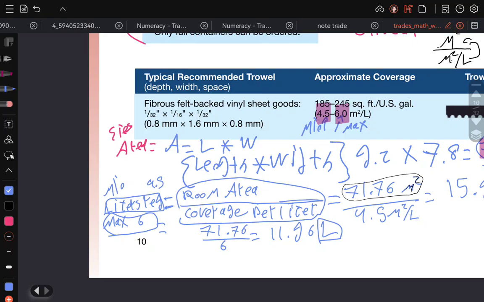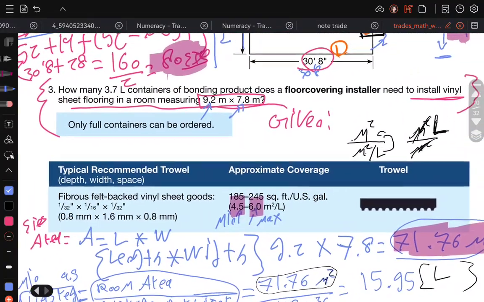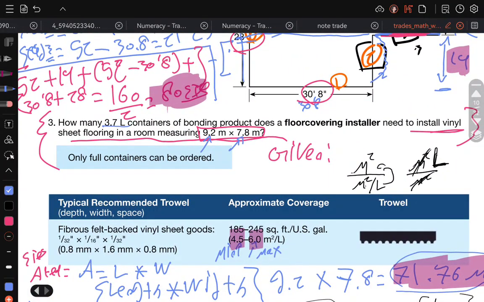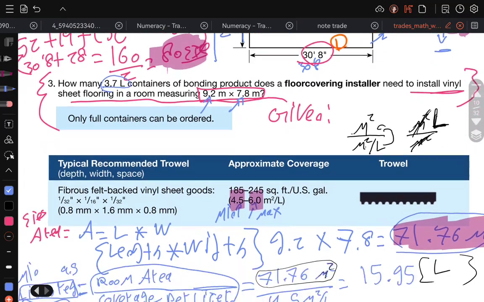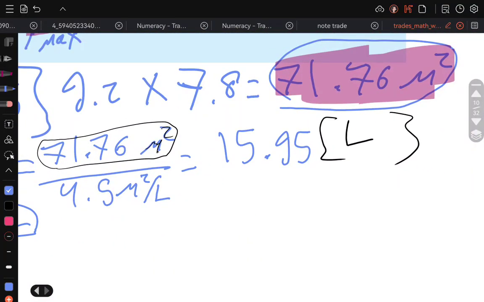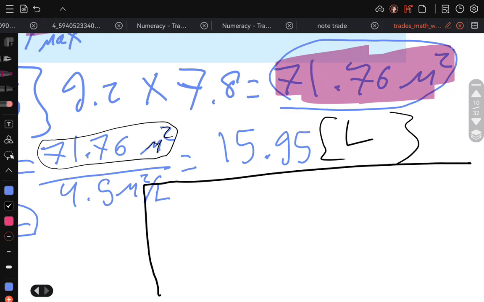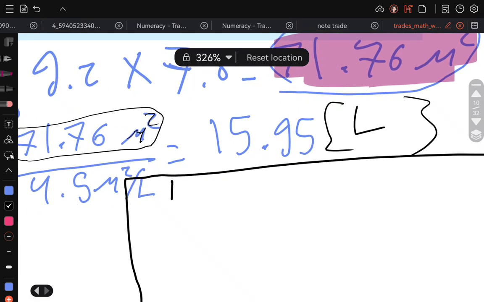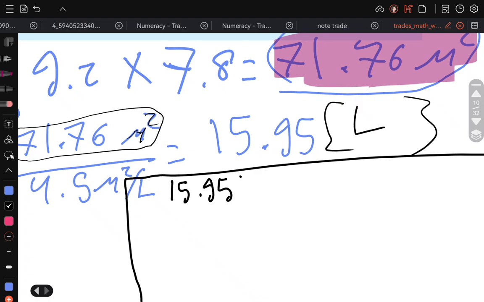Now we need to calculate the required containers. Each container holds 3.7 from the question. Let's put it here and write it in black so it's more clear. The first one is 15.95 liter, right?